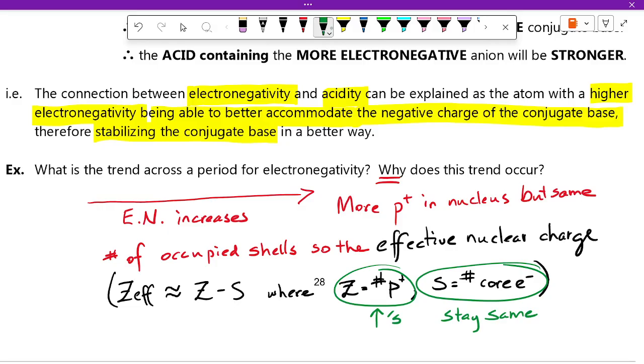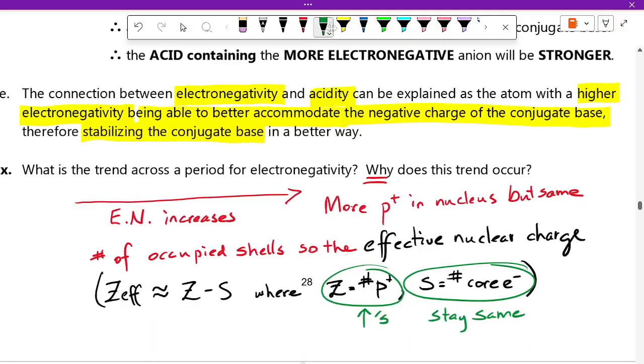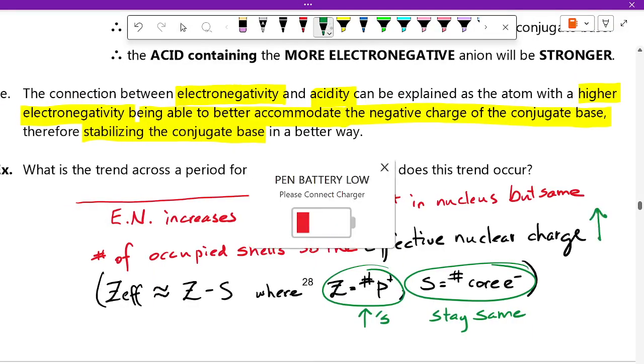Yes? Because you're looking at how many protons do I have in comparison to the inner electrons. So as you go from left to right, the effective nuclear charge increases.